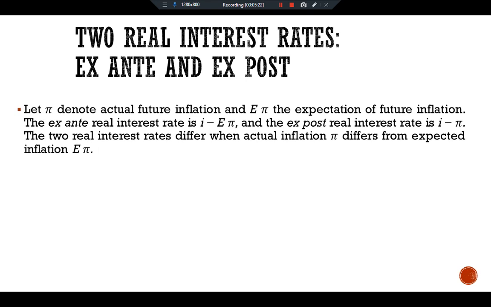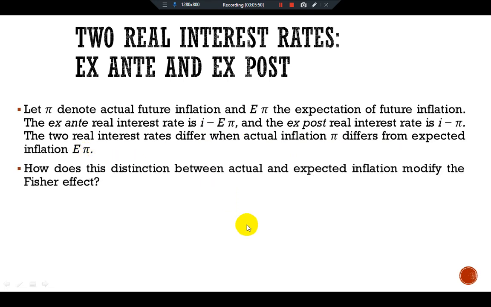The ex-ante real interest rate is i - E pi, and the ex-post real interest rate is i - pi. The two real interest rates differ when actual inflation pi differs from the expected inflation E pi.